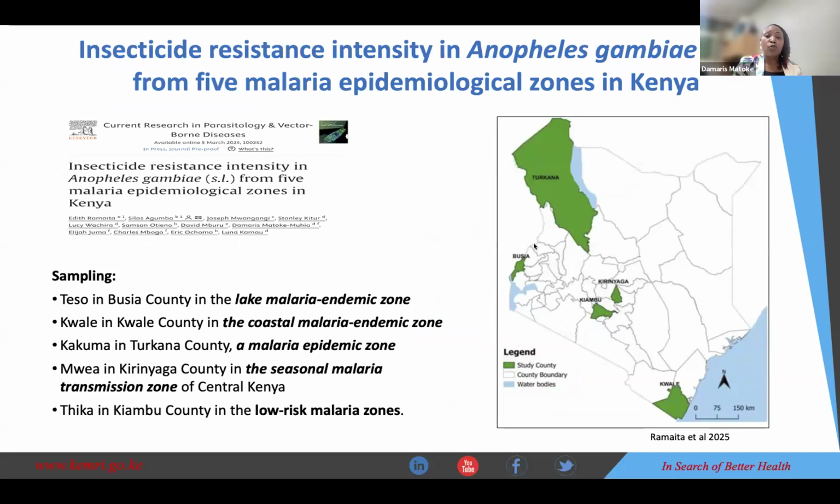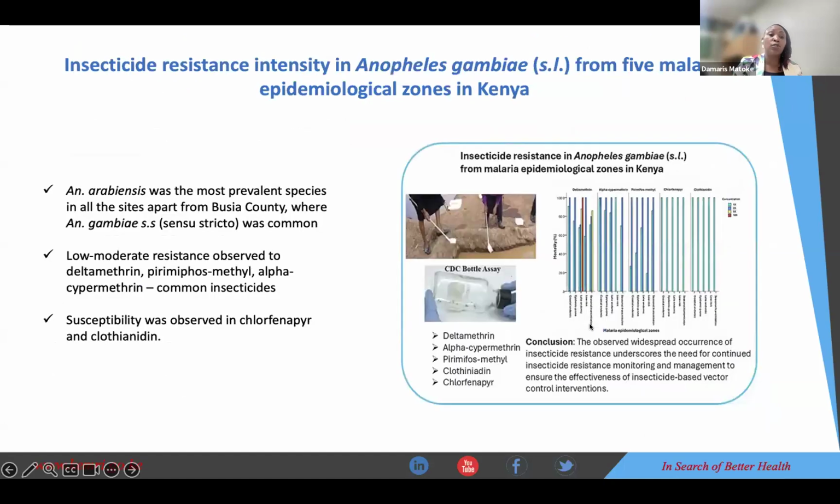And yeah, as shown in the map here. So this paper by Ramaita et al. documented that we are seeing resistance in the country. And in summary, from that paper, we're able to detect that, yes, arabiensis was most prevalent, apart from Busia, where we had Anopheles gambiae.